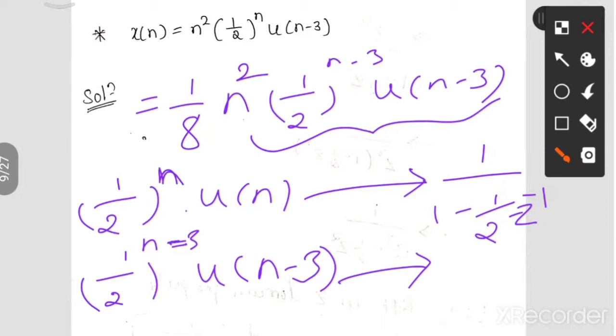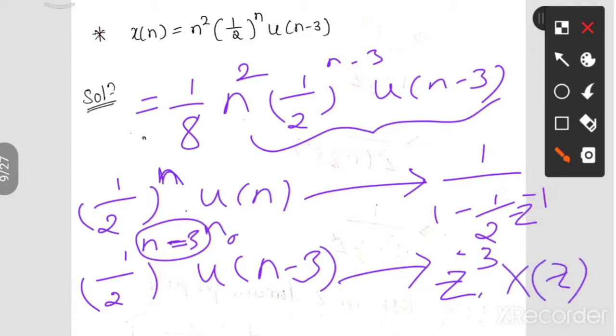So the time shift property says that, with n minus n naught, we get z raised to minus n naught into x of z. Here n naught is 3, so z raised to minus 3 into x of z.